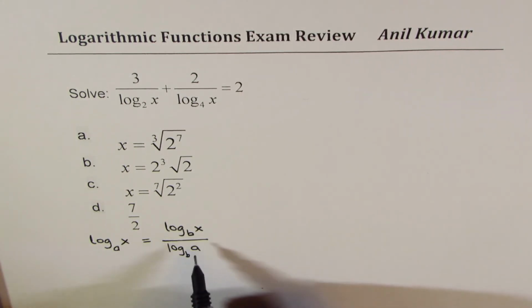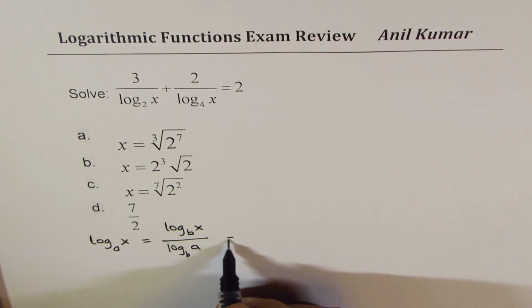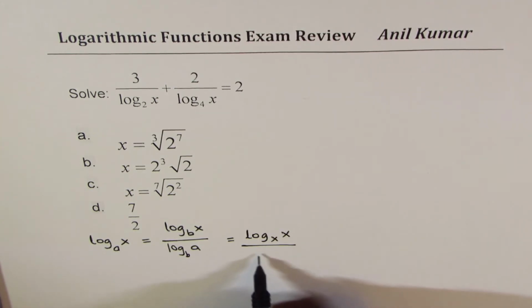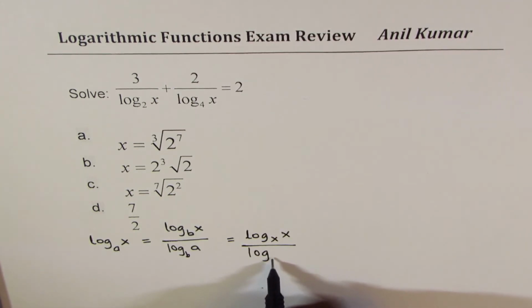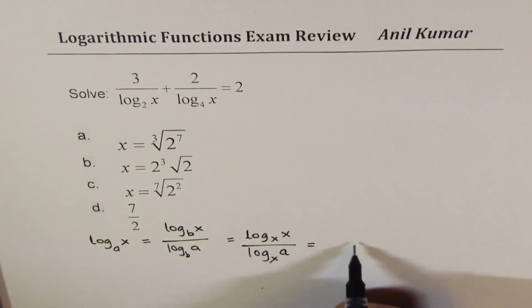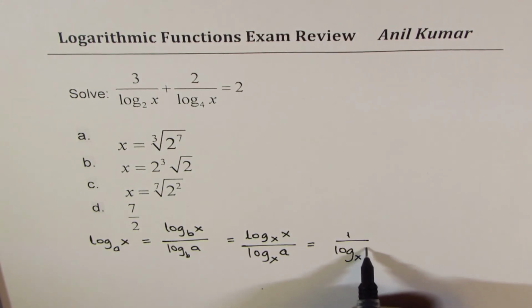Now what happens when I use, instead of b, x as my base? I could have also written this as log to the base x of x over log to the base x of a, right? Now log to the base x of x is 1, so we could write this as 1 over log to the base x of a.